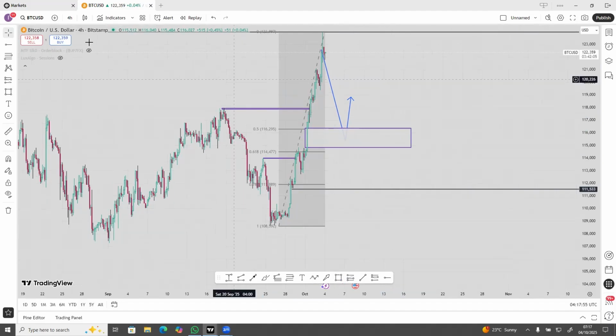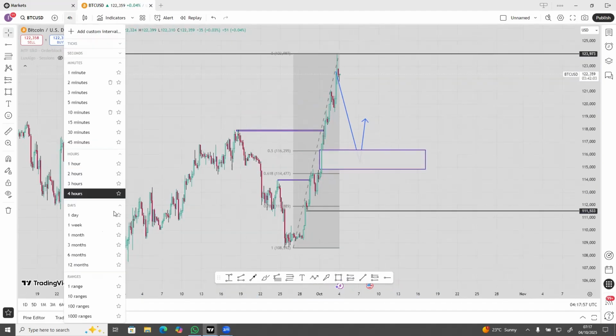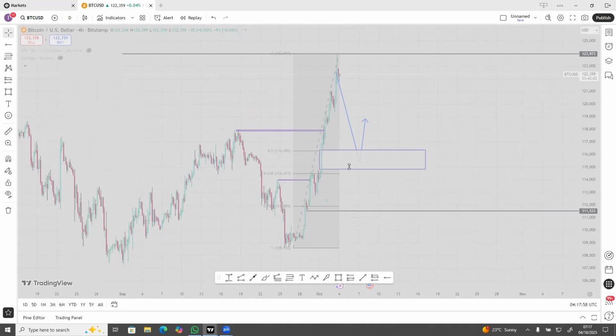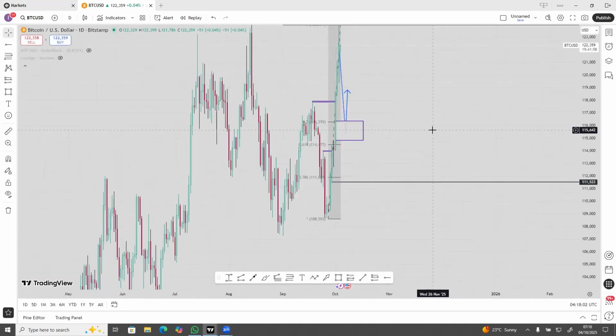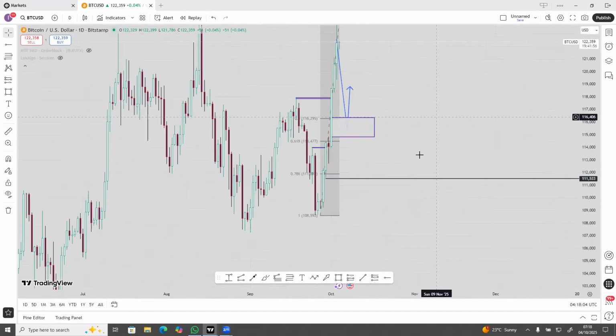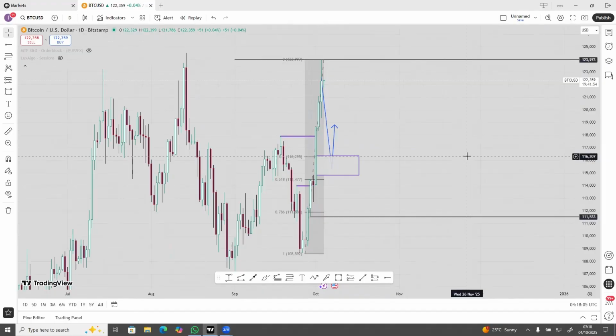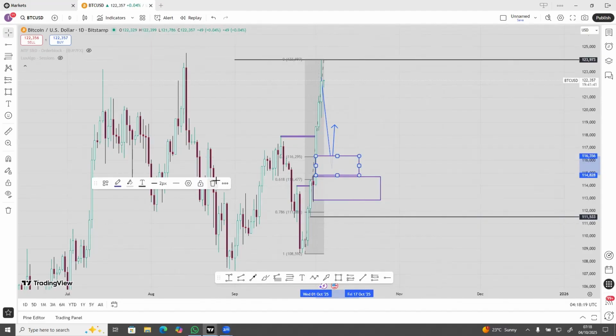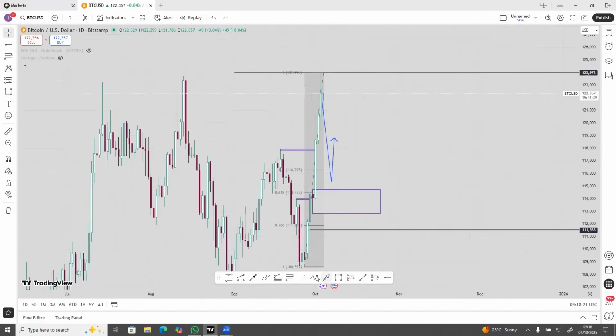That is for the 4 hour. What point is available on the daily time frame? On the daily, we have an unmitigated rally base rally demand. We can target to buy directly from that daily demand.